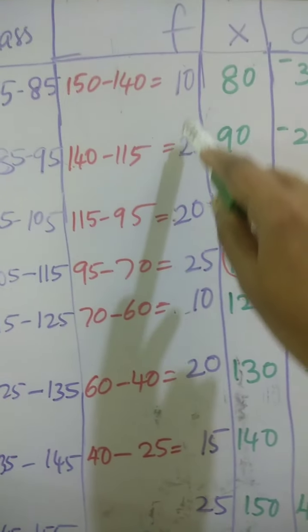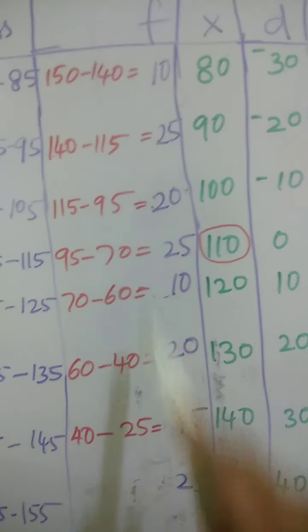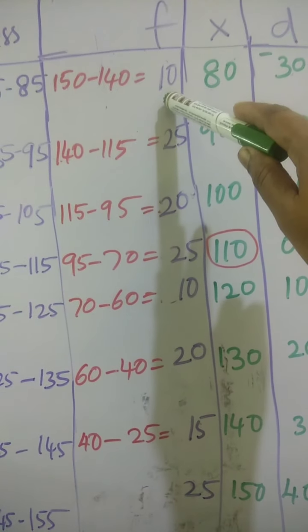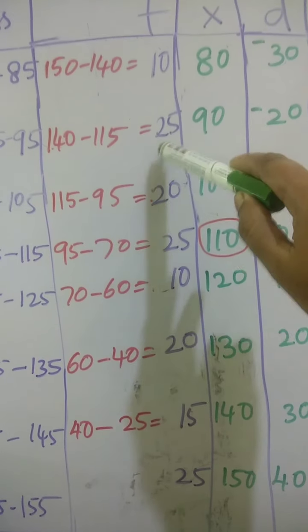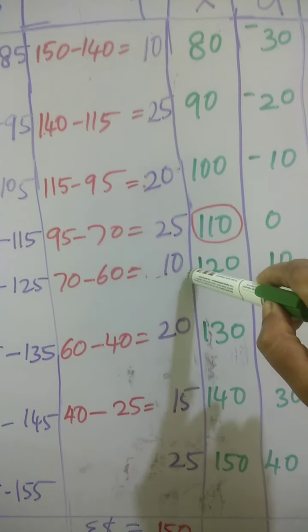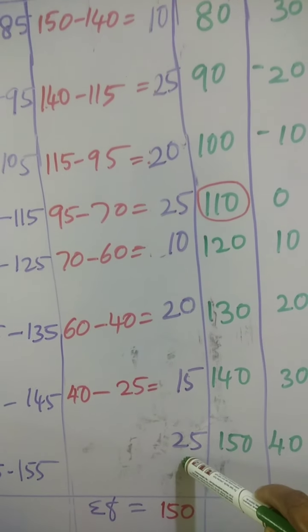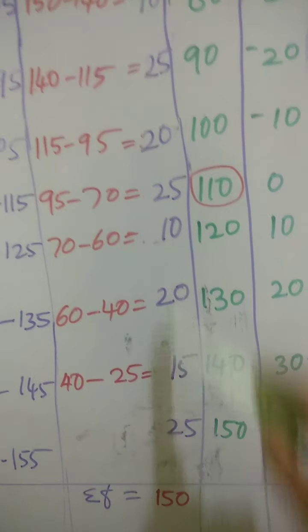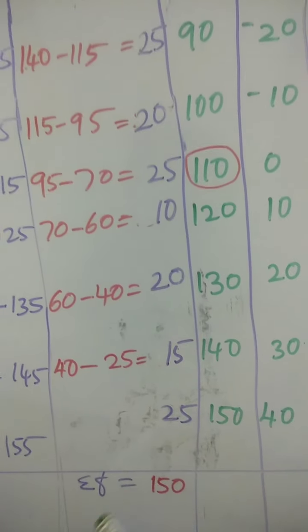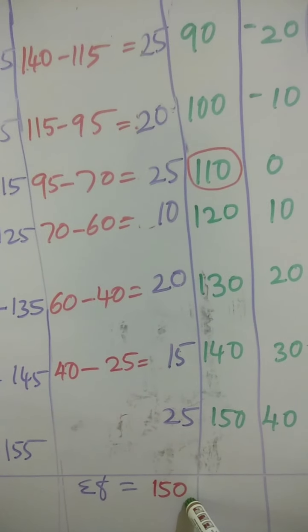Likewise, we have to find out all the frequencies. So these are the frequencies: 10, 25, 20, 25, 10, 20, 20, 15 and 25. We need sigma f. So sigma f must be this only. Sigma f is equal to 150.